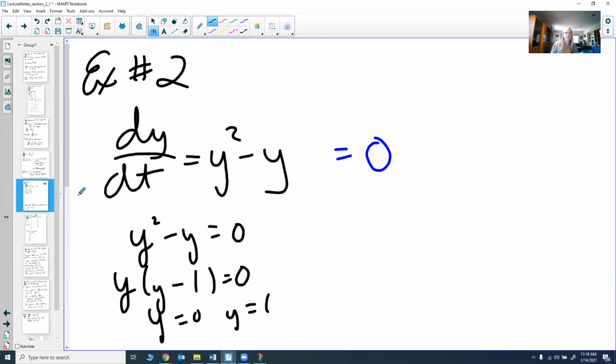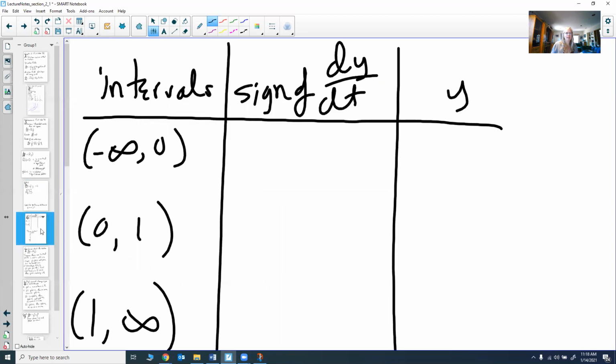If y is less than 0, then y is negative, y minus 1 is negative, and a negative times a negative is positive. If we're between 0 and 1, y is positive but y minus 1 is still negative, so we have a negative. If we're bigger than 1, then y is positive and y minus 1 is also positive, so you have a positive number.